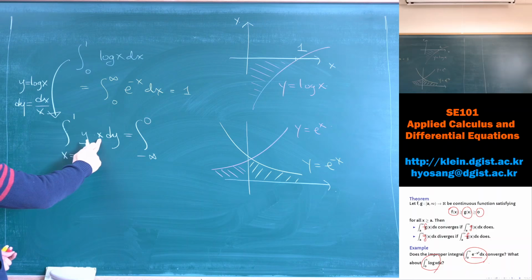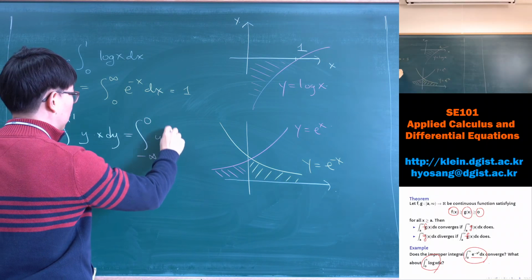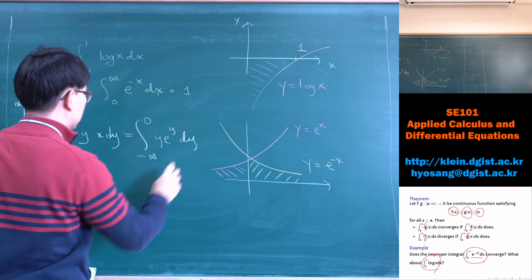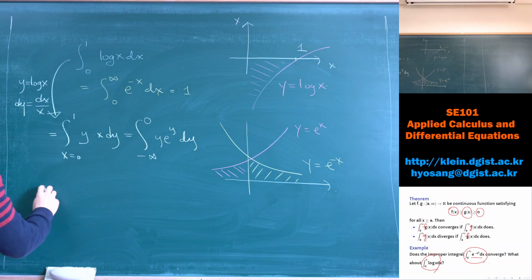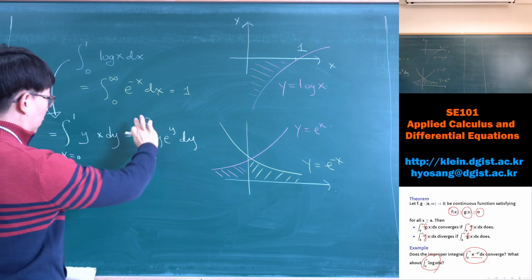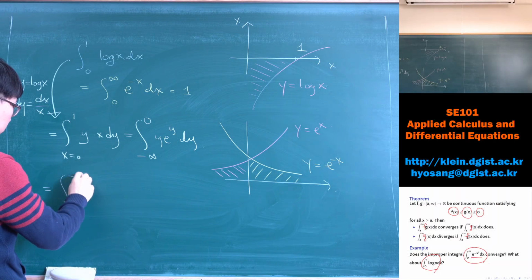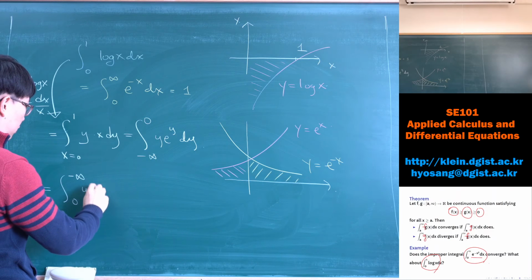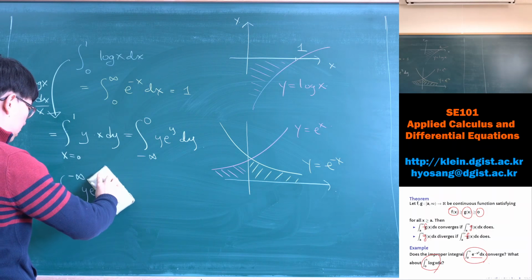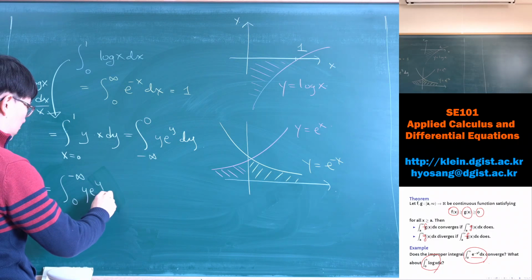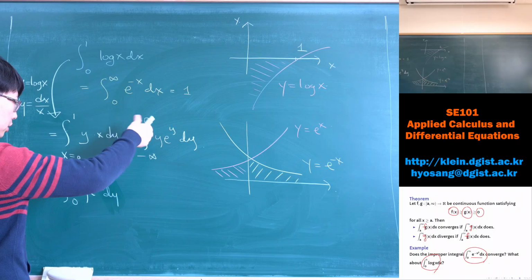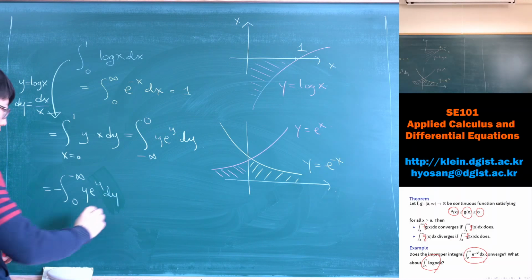And x equals e to the y, so y e to the y dy. Let's switch this one. So we have 0 to negative infinity of y e to the y dy, and since we switch the limits, we get a negative sign here.